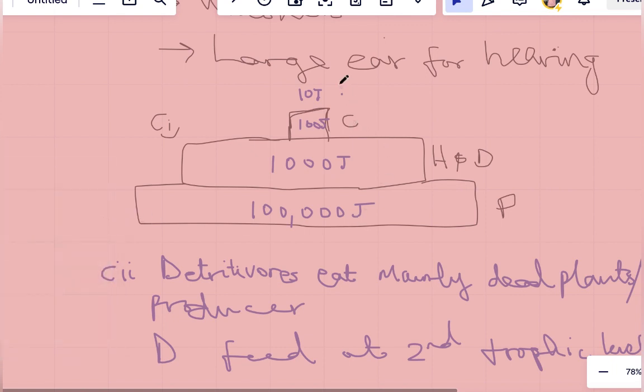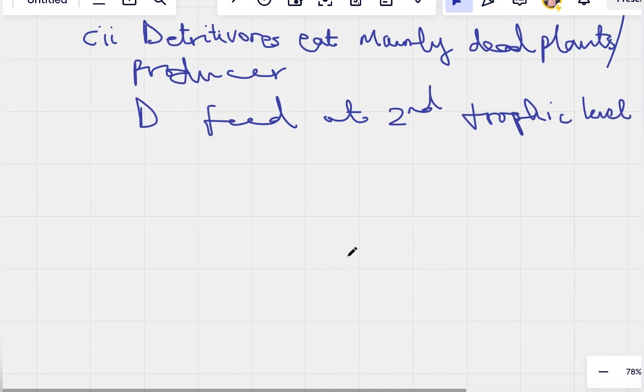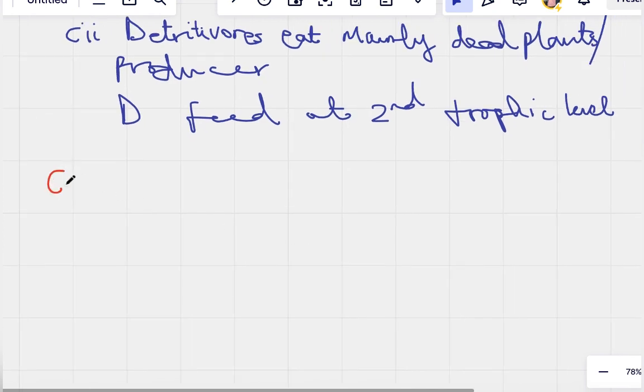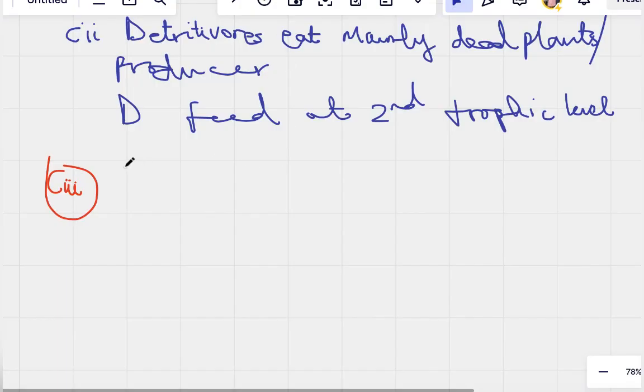So the reason why we don't normally have more than 4 or 5 is because only little energy is transferred from one level to the next.